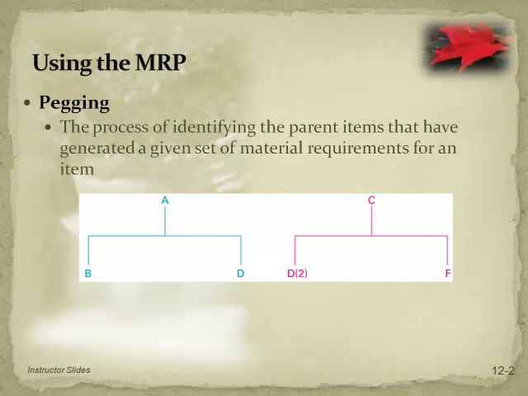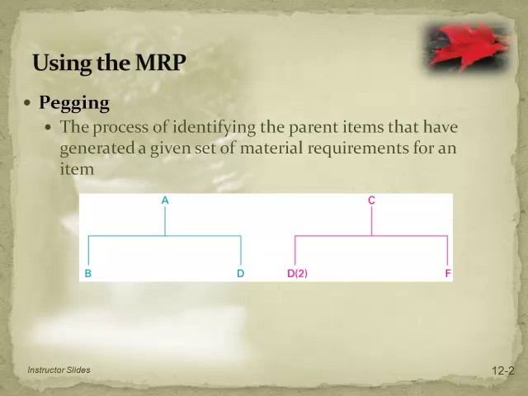Well, if you were the material planner, what you would need to know, in order to answer the question of whether you could use the 100, is that I would need to do pegging. I would need to take a look and say, well, I need 100 D's. Will that do me any good? And the answer is yes.